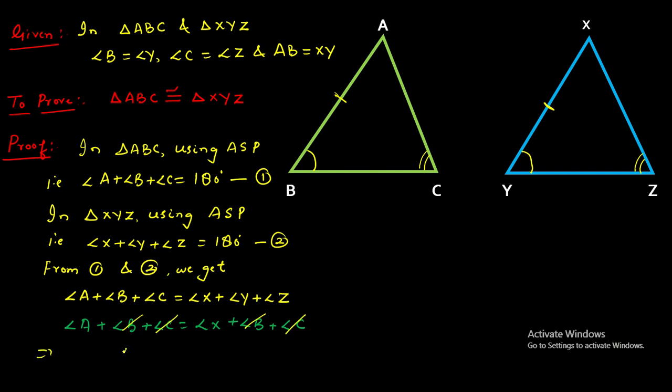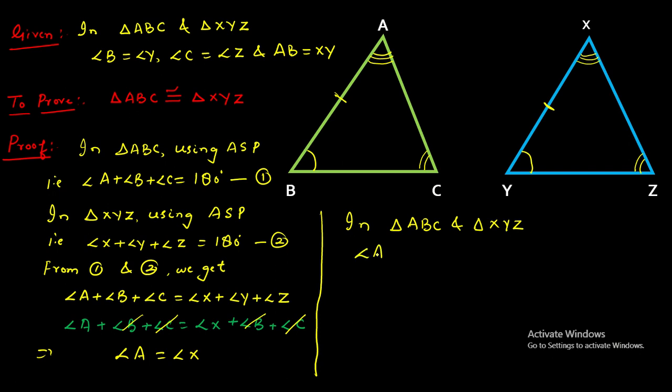So we got that angle A is equal to angle X. Now if we take triangle ABC and triangle XYZ, we proved that angle A is equal to angle X, AB is equal to XY, and angle B is equal to angle Y.